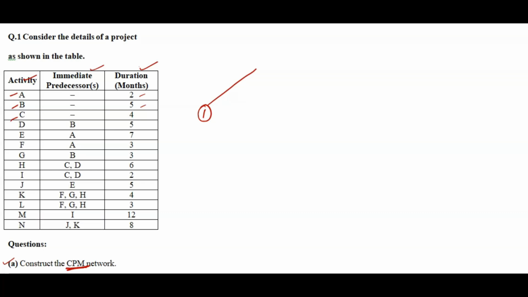This is activity A, and activity A duration is 2 months, so I'll write it here in brackets, 2 months. Then we have activity B.